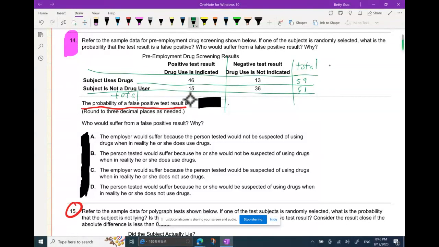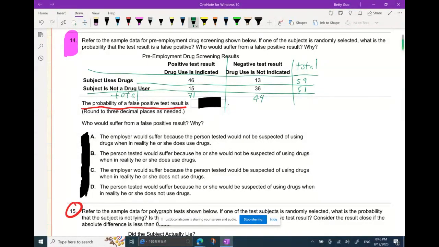And then by column, 46 plus 15, what is it? 61, right? And 13 plus 36 is 49, right? Do you agree? Oops, my bad.